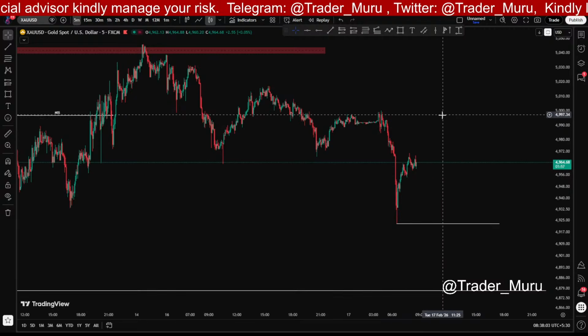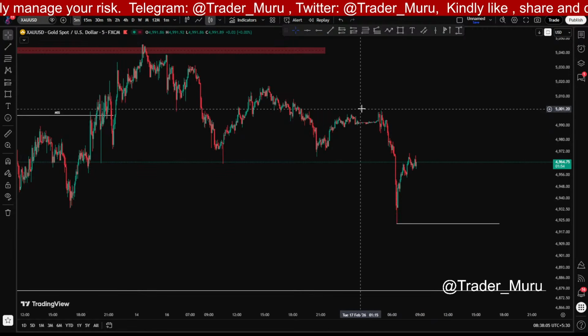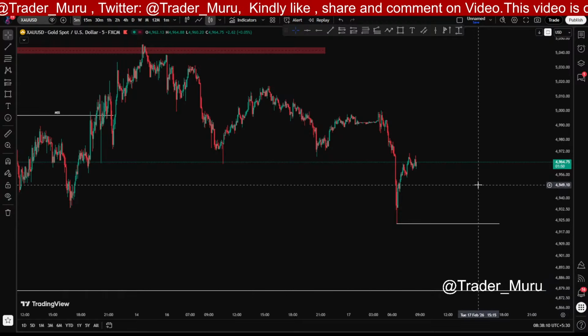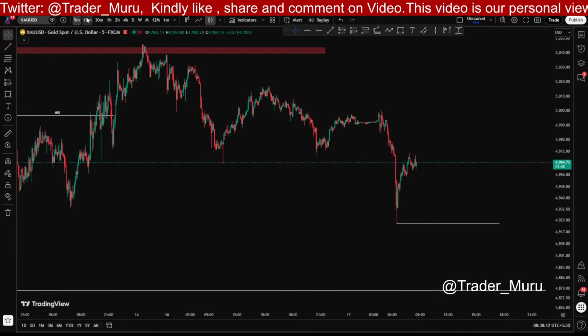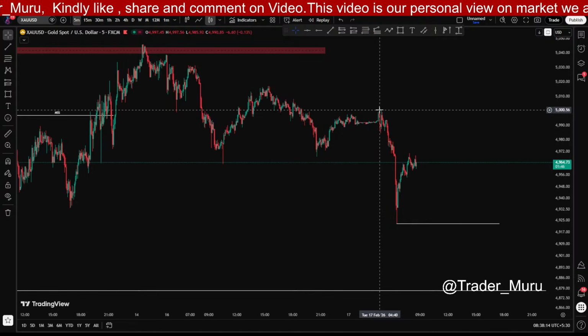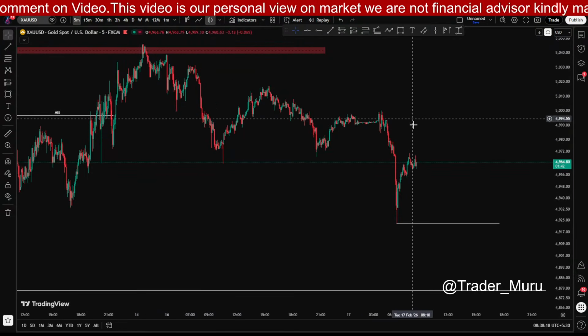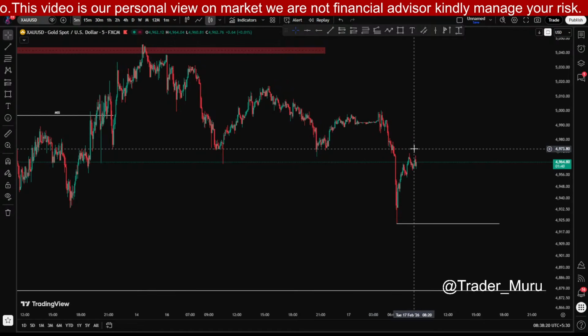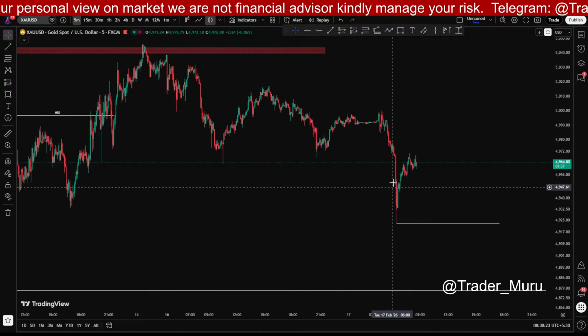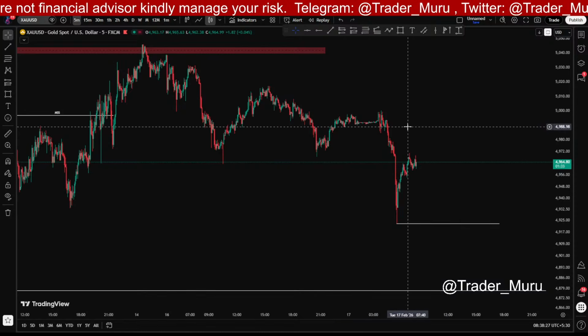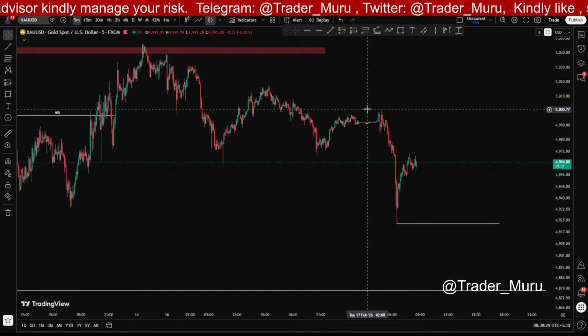Then on the NY session maybe we will have some volatility towards again the drop. Okay, so I'm watching for these areas, and keep in mind that this is a bearish trend, so we are not going long on retracement, we are shorting the momentum with our supplies.